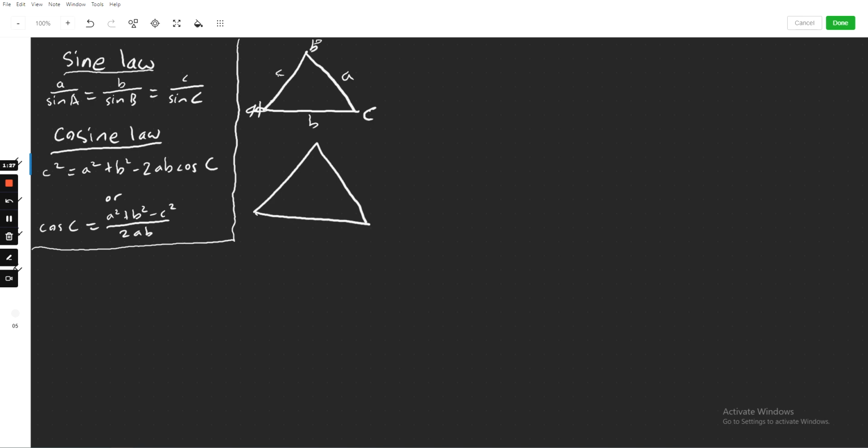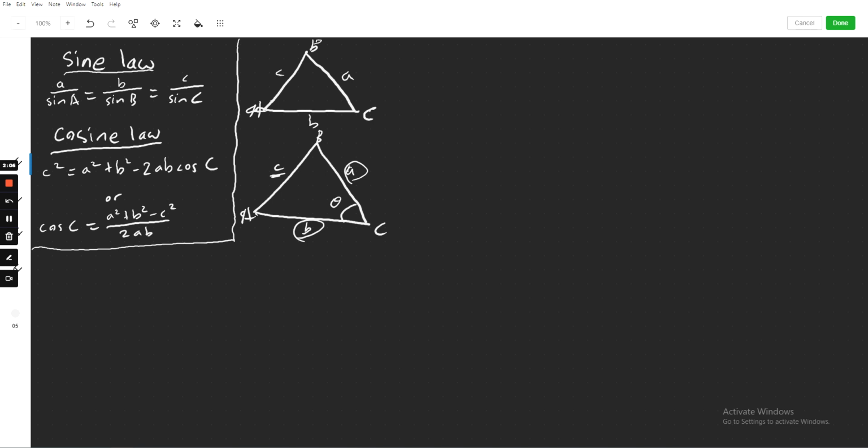Typically, we have sides C, A, and B, and we would have the A value and the B value, and then we would be trying to look for C. So that's typical applications of sine law and cosine law. Now let's look at some examples.